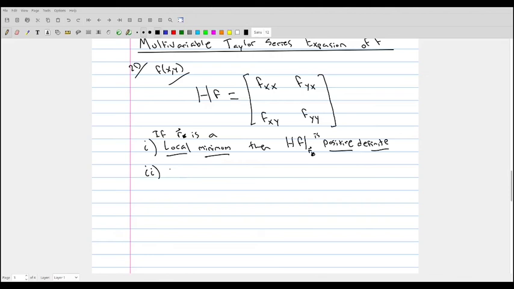The second statement is, if R star is a local maximum, then the Hessian at R star is what's called negative definite.